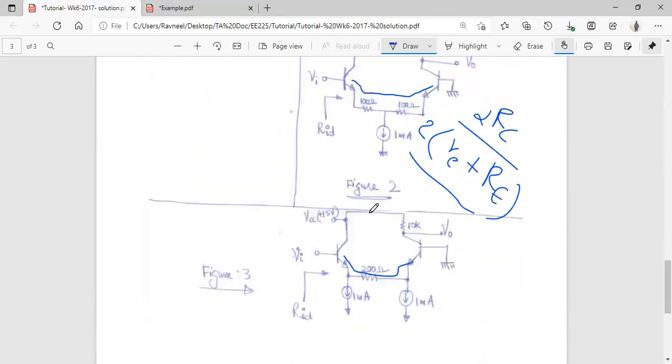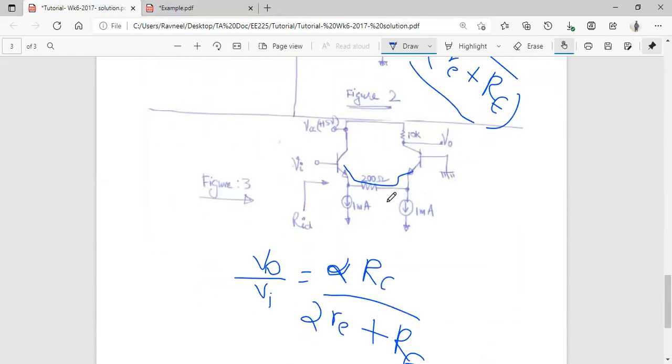You can see the bias current for one transistor is already separated. One transistor has 1 milliamp, the other transistor also has 1 milliamp. So the small RE for this transistor is equivalent to the small RE for the other transistor. Our small RE is given by VT divided by IE.